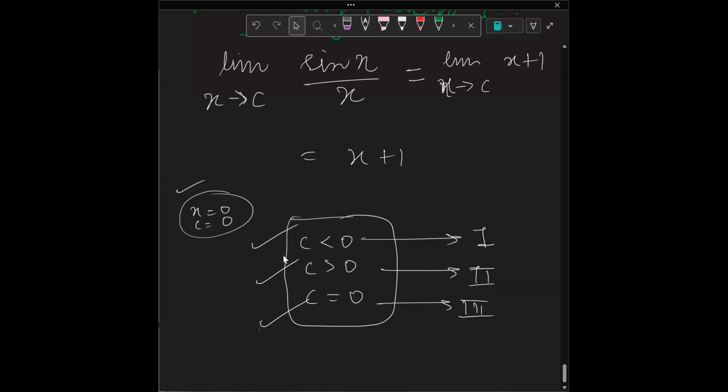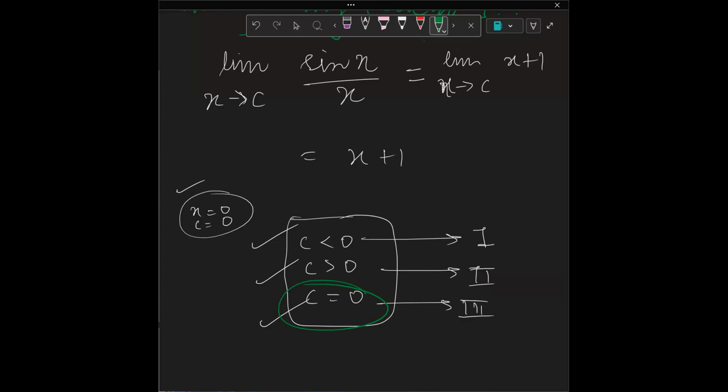Yes, sir. So how many marks have they given you in this question? Out of 3, 3. Yes, sir. And you took only c equals to 0, only this case. Sir, that was like a class test. Class test.